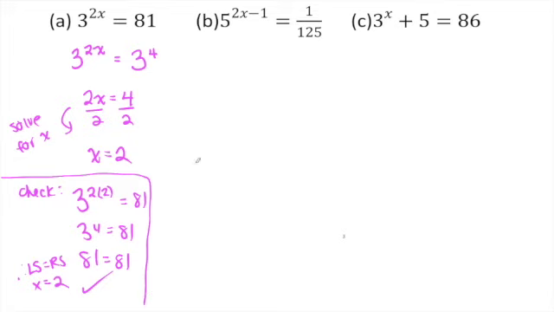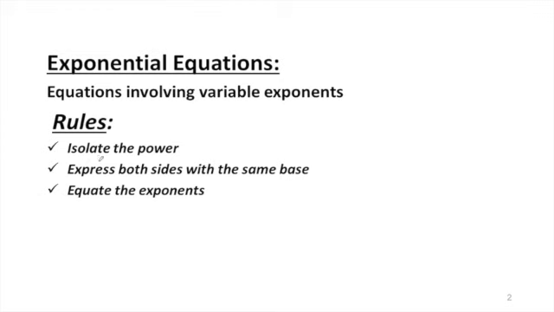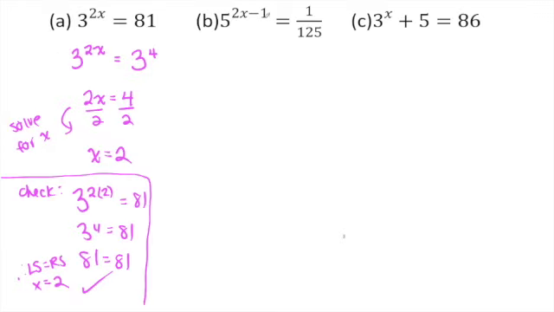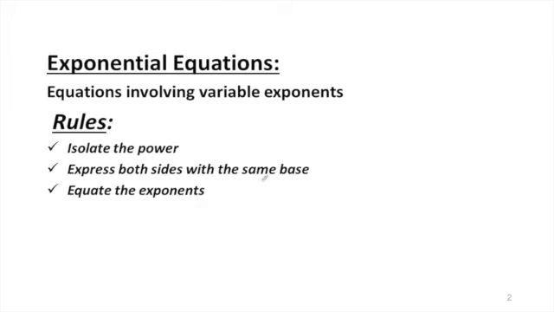Okay, so let's try this next one. We can't do our step 1 of isolating the power because our power is already isolated by itself. Then our second step is we're going to want to express both sides with the same base.